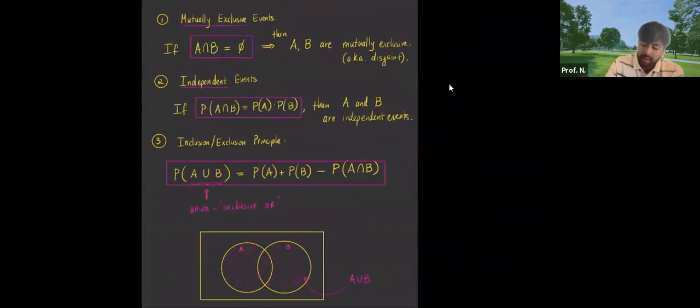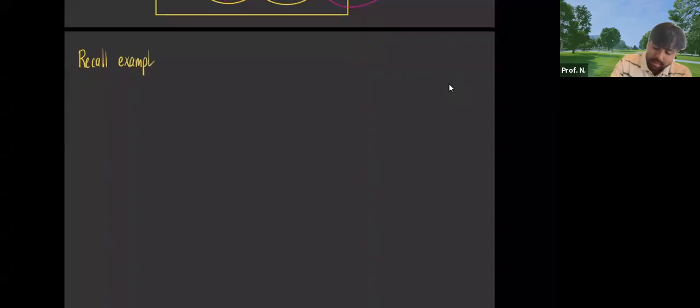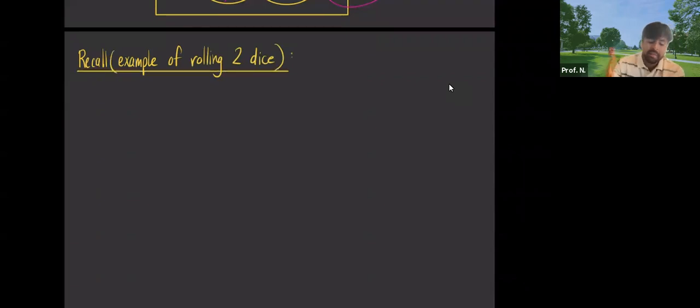And I want to start off one of our examples with what we discussed last time, which is rolling two dice, right? So recall the example of rolling two dice.